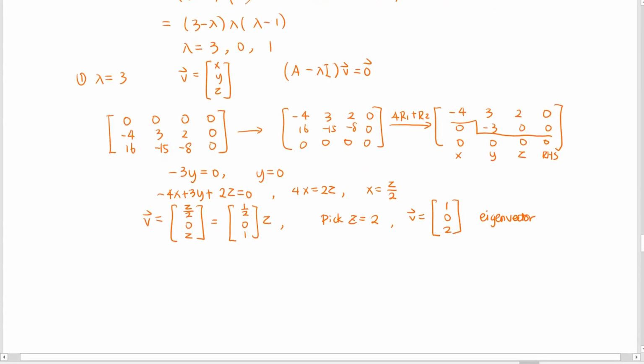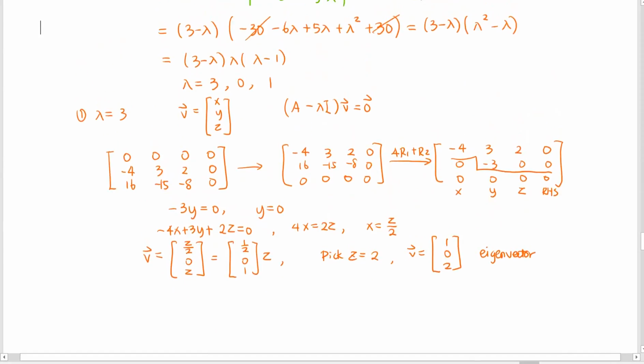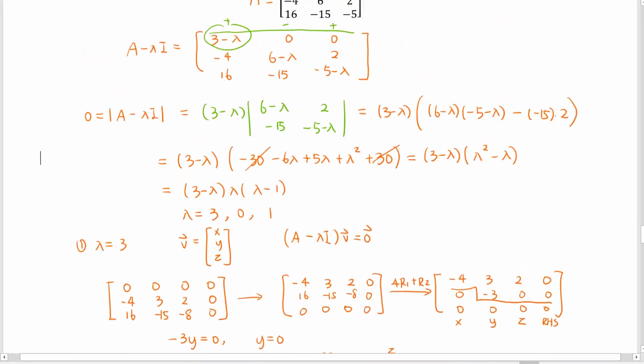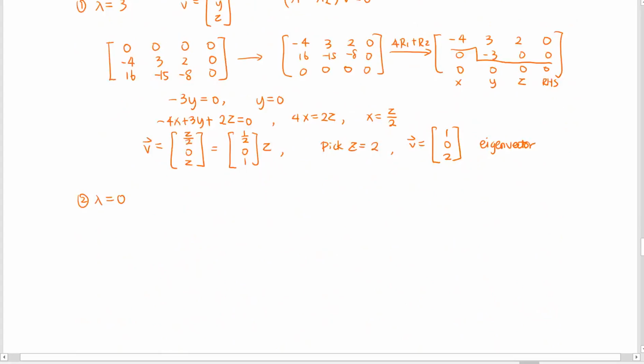So you can see this step is very similar to what we have done before. It's just the matrix is bigger, so it's more complicated. Okay, next, lambda equals 0. Well, lambda equals 0 means A minus lambda I is our original matrix A. Okay, so keep this in mind. Let's put it down.